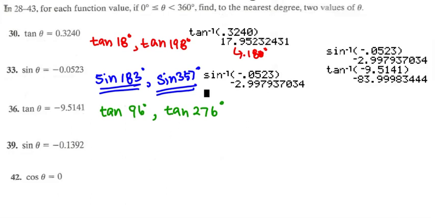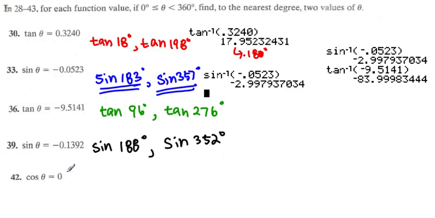Yes, third and fourth quadrant. So therefore, our answer becomes sine of third quadrant with the reference angle of 8. That means we are looking at 188 degrees. Or sine of 352 degrees.